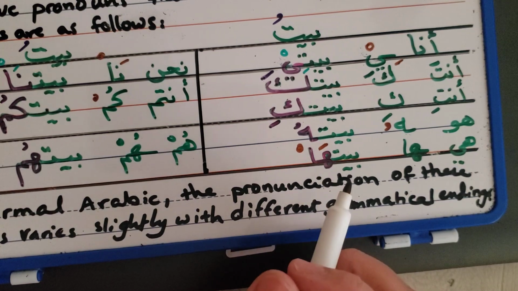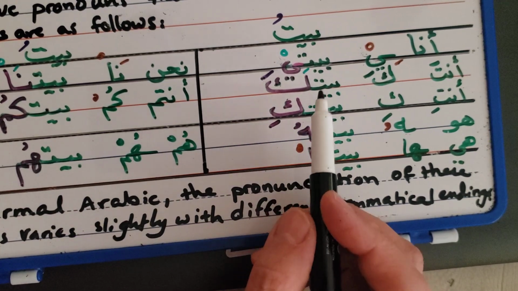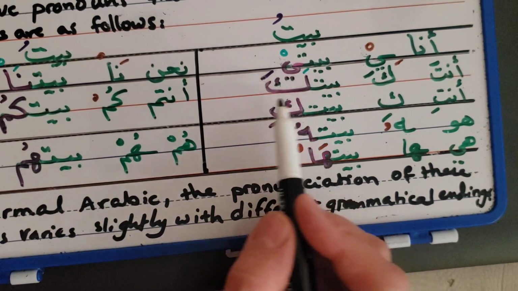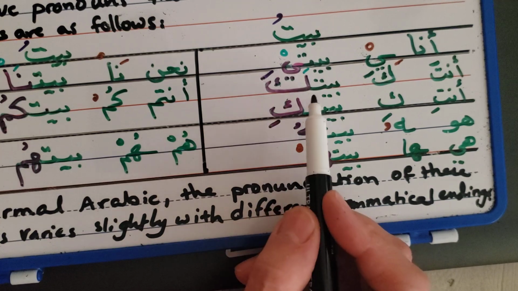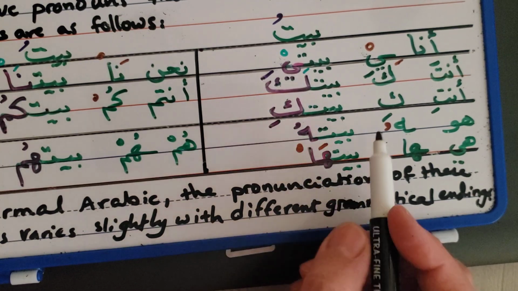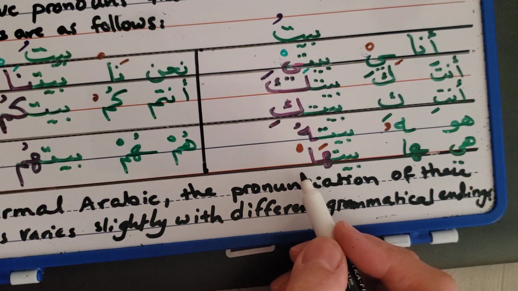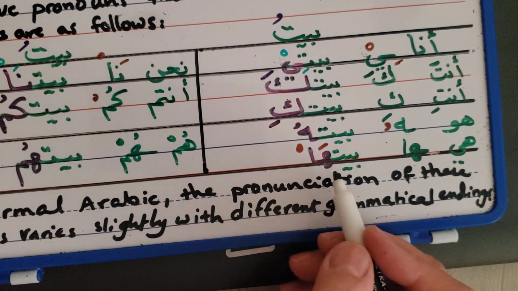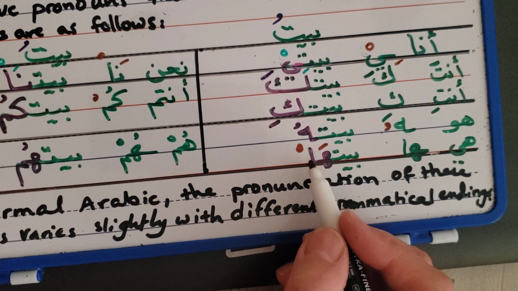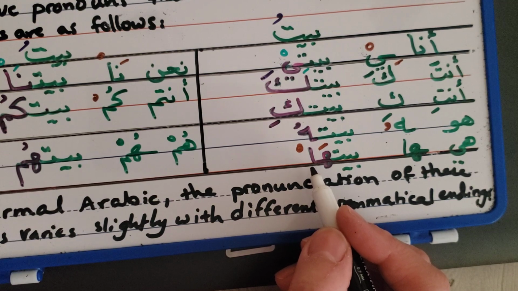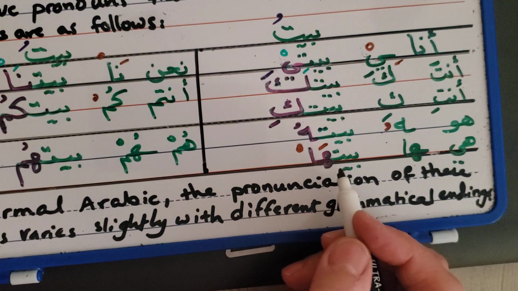Now, if you're from North Africa, you say هذا بيتك. هذا بيته. هذا بيتها. So if you notice, we say بيتها, and in the formal Arabic it is بيتها. So this is, so to speak, the regular long vowel sound a.